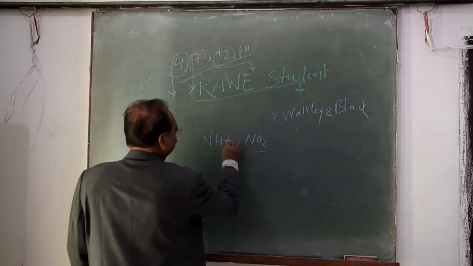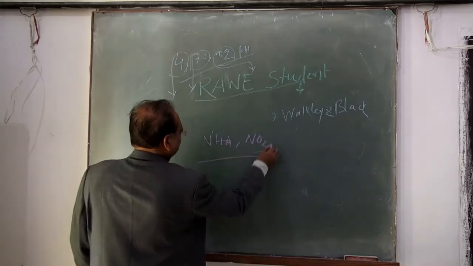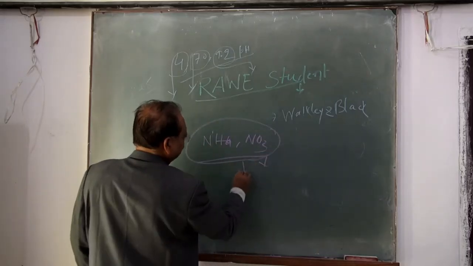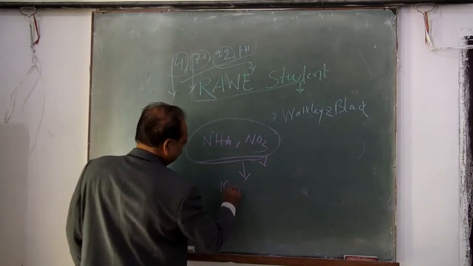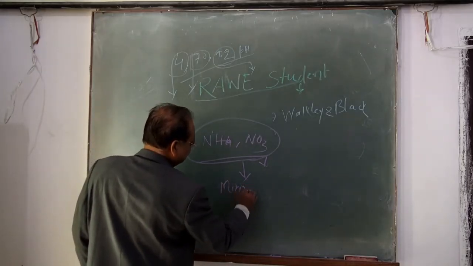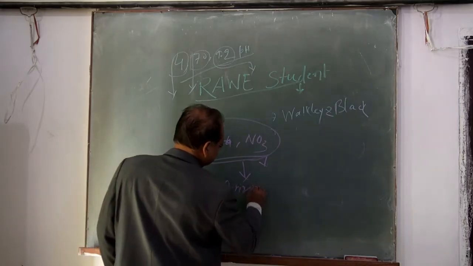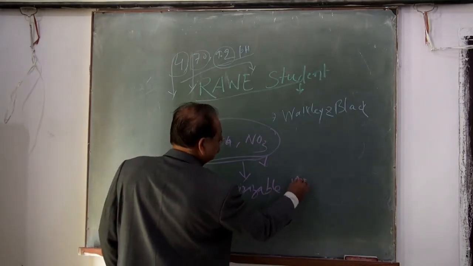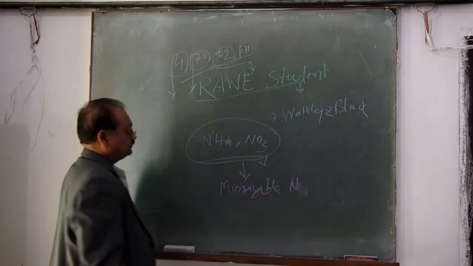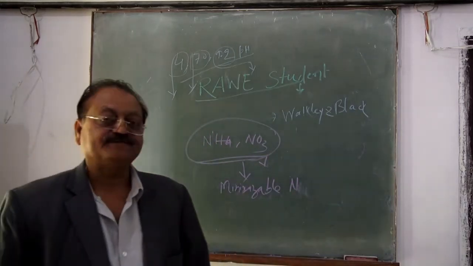Both forms of nitrogen will be there, and altogether it is called mineralizable nitrogen.